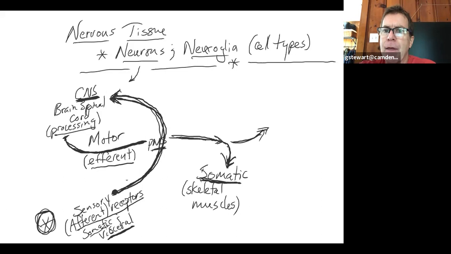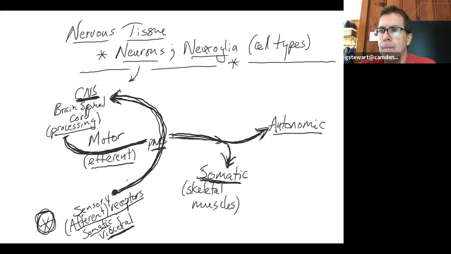And it sends out then a command via the motor efferent division, but this time it's not going to voluntary skeletal muscles. It's going to the autonomic division, involuntary. And in this case, my food example, to the parasympathetic division of the autonomic nervous system.